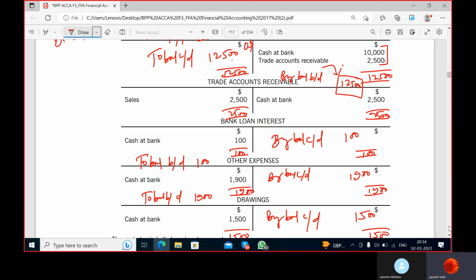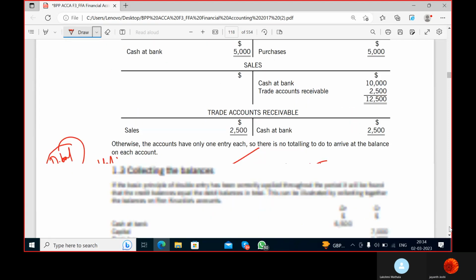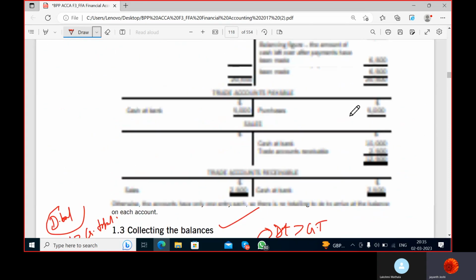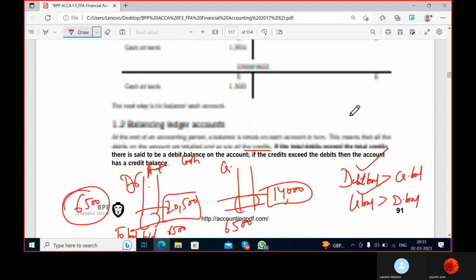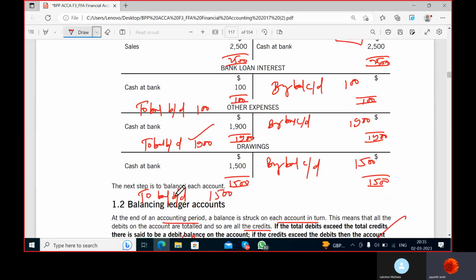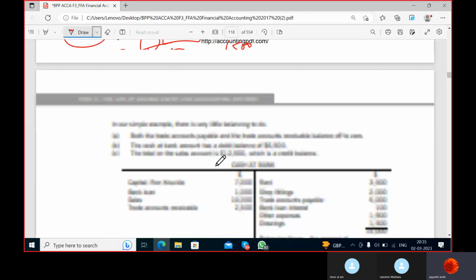So 100 is debit and sales is credit. Now only two accounts are left. Other expenses debit and drawings debit. So we'll put the amounts in debit and then we'll total the trial balance.